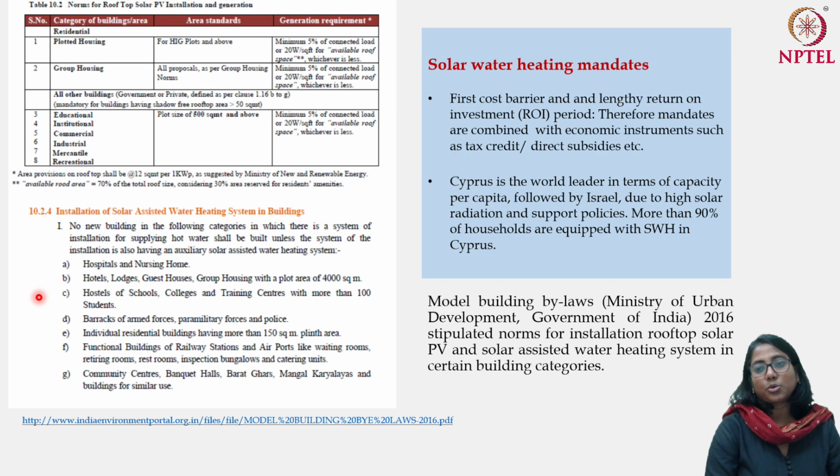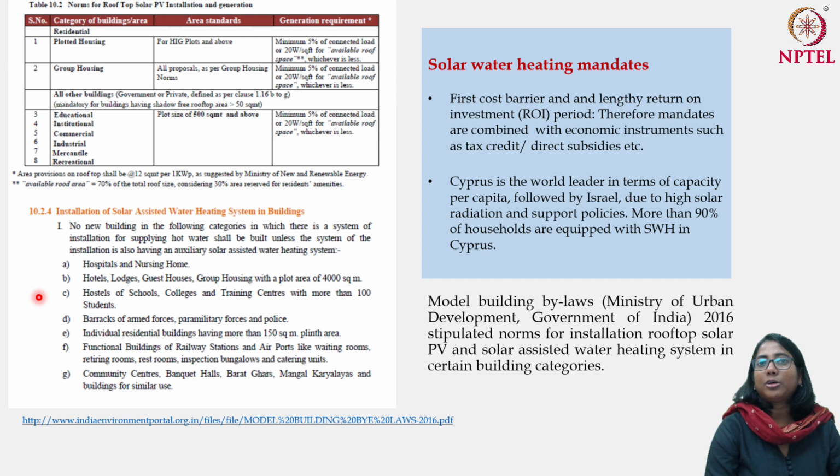If you look at solar water heating mandates in different countries or different states, you will see that although this is a mandatory policy, it comes along with some kind of economic instruments like tax credits or direct subsidies, etc. The quick information here is that Cyprus is the world leader in terms of capacity of solar water heating systems per capita, followed by Israel.